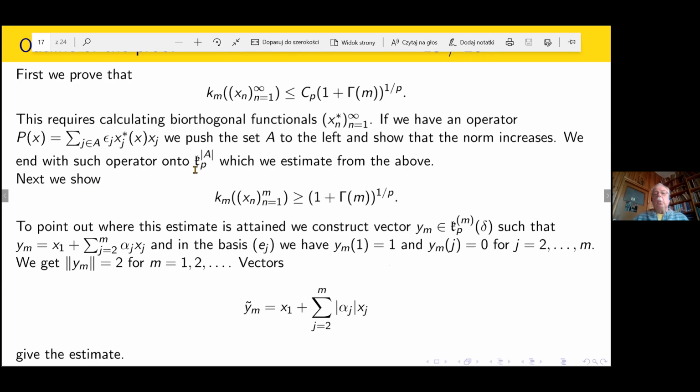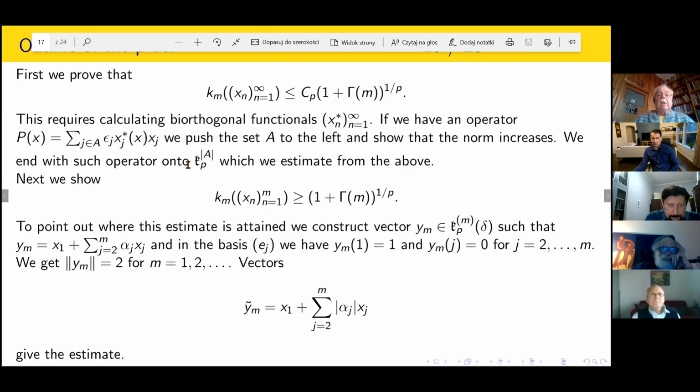And then we show with each step, when we move one of these J's to the left, that the norm increases. So eventually, when we get to the very beginning, we get the estimate of the norm of this thing by the norm of the very similar thing, but with A being 1, 2, 3 up to whatever.